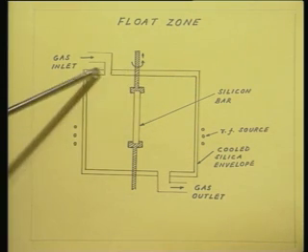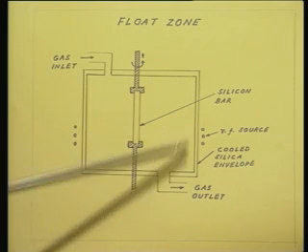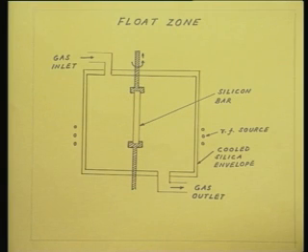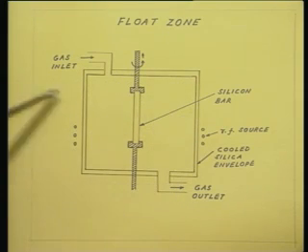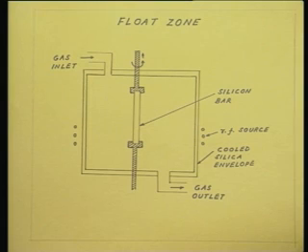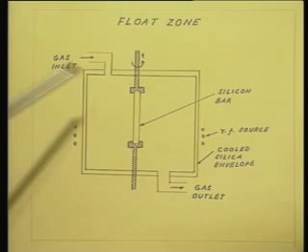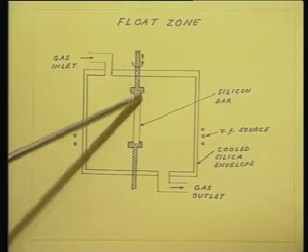we have a cooled silica envelope, just like in case of a Czochralski unit you had a water cooled silica envelope. Even here we have a cooled silica envelope, and we have gas inlet and gas outlet. Obviously, an inert ambient has to be provided, much like in Czochralski. Now, in this cooled silica envelope, you hold a silicon bar vertically like this.